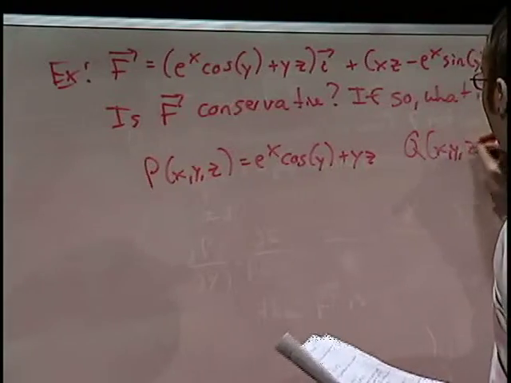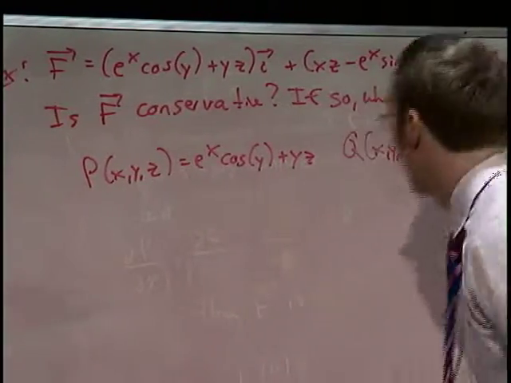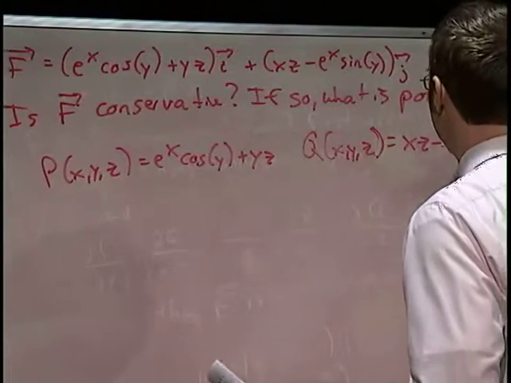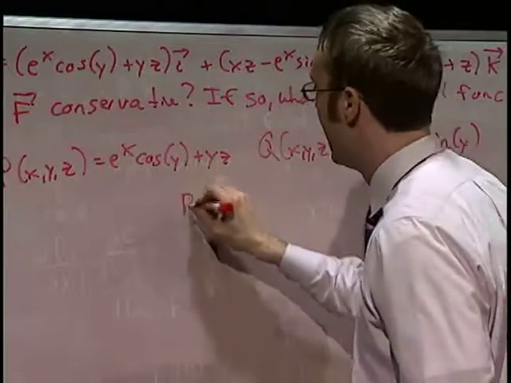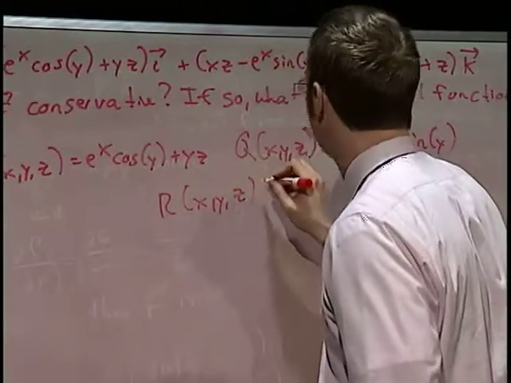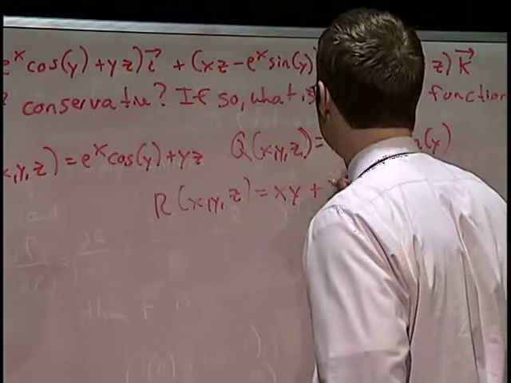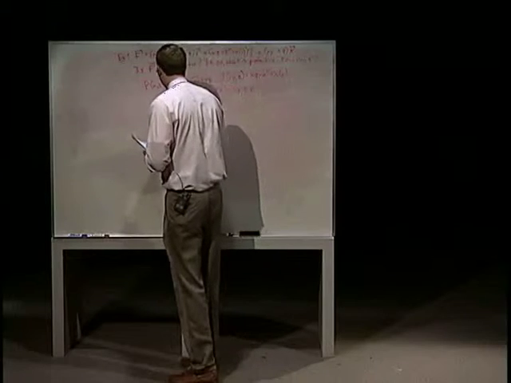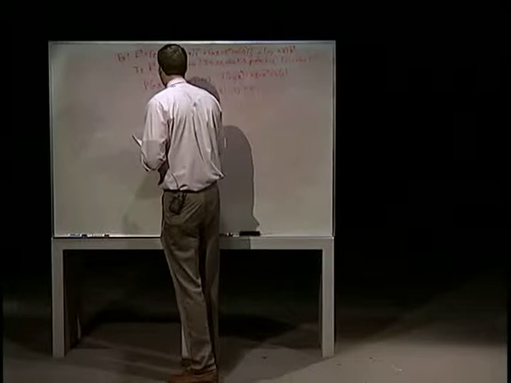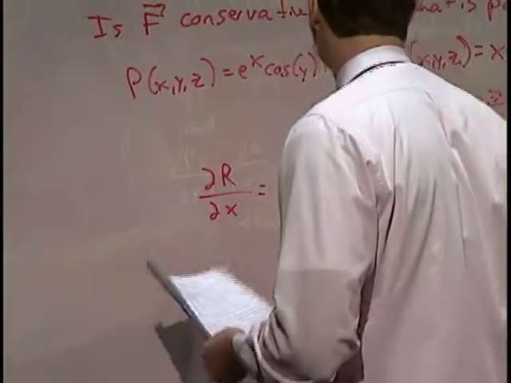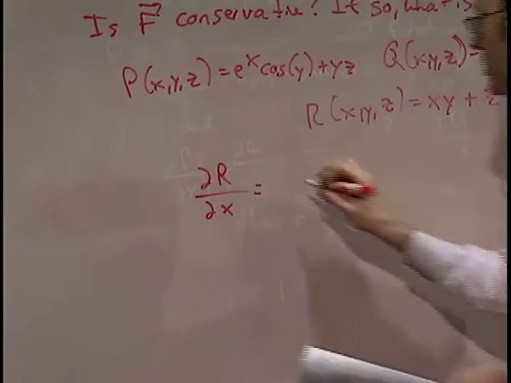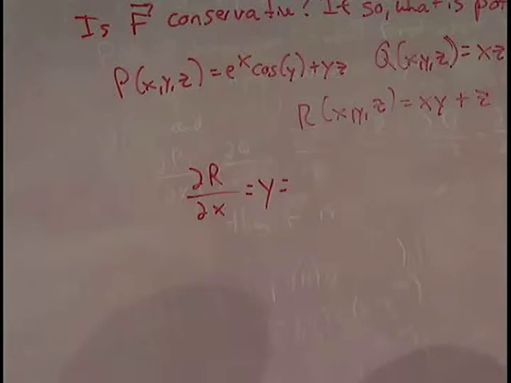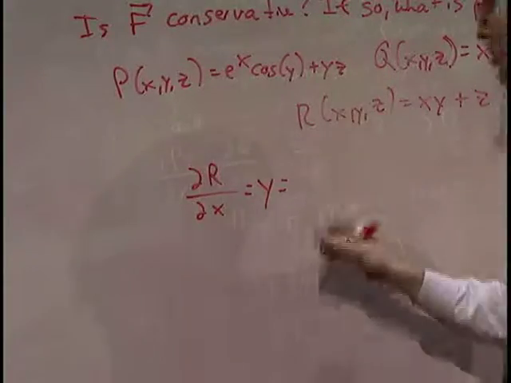Q of x,y,z is equal to xz minus e to the x sine y, and R of x,y,z is equal to xy plus z. Okay, so let's do our test here. Partial R, partial x, we'll start there. That gives you y. So that needs to be equal to partial P, partial z. So that's true, it works.